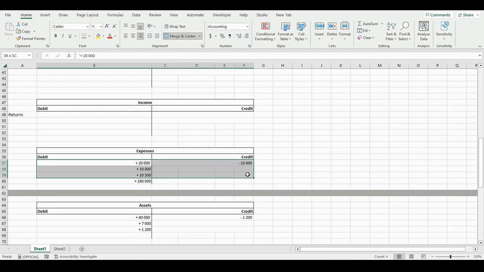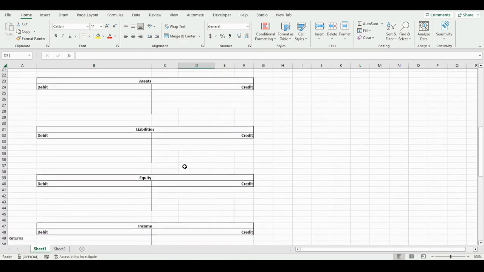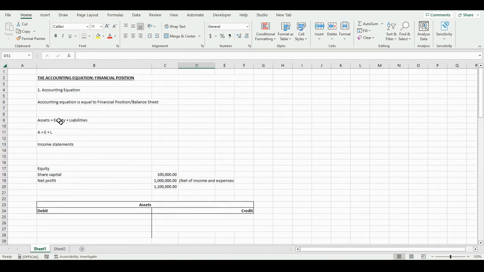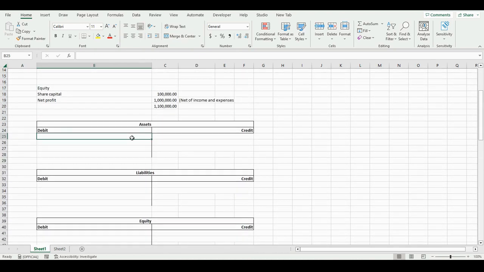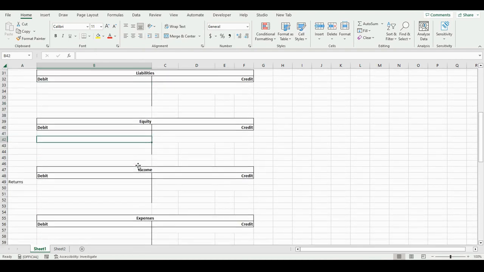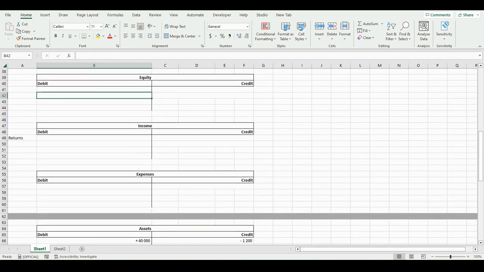Then you've got your expenses. So these are the 5 main things that play a role in your accounting equation. We've defined your assets, liabilities, equity, income and expenses.